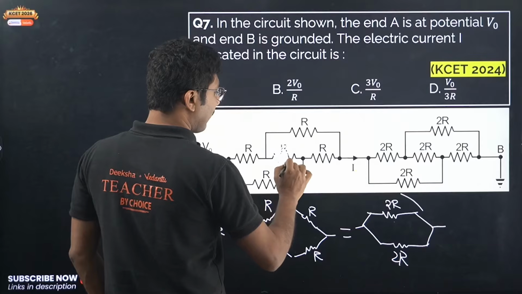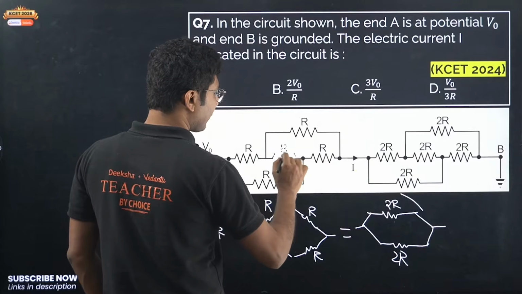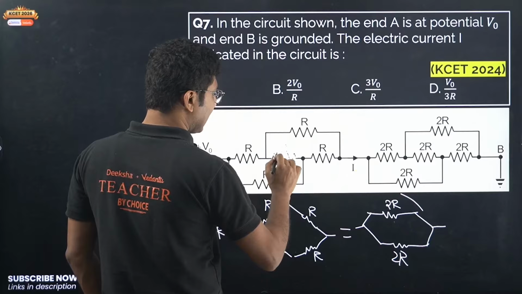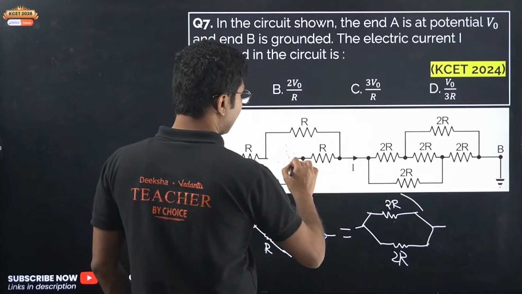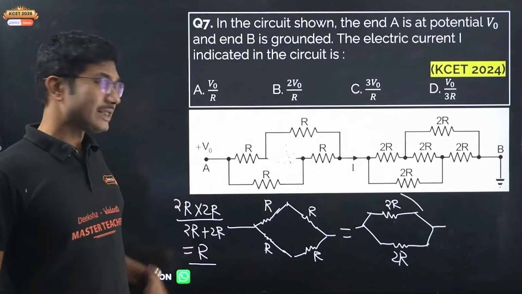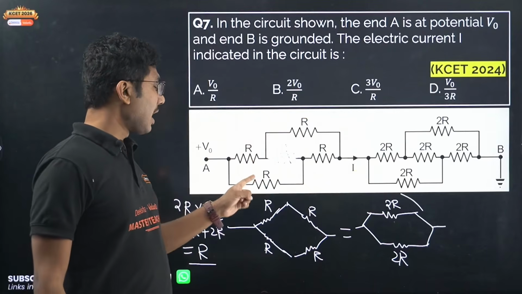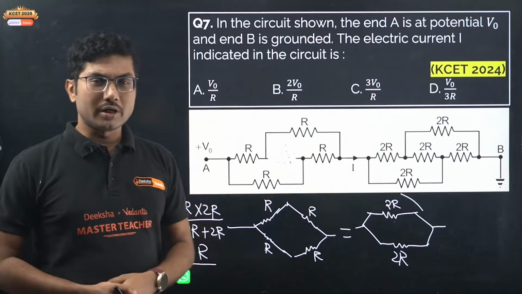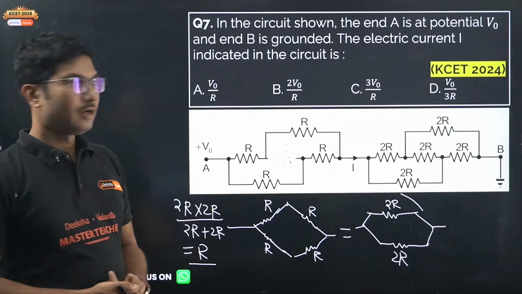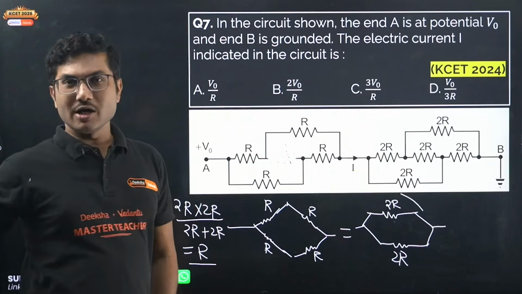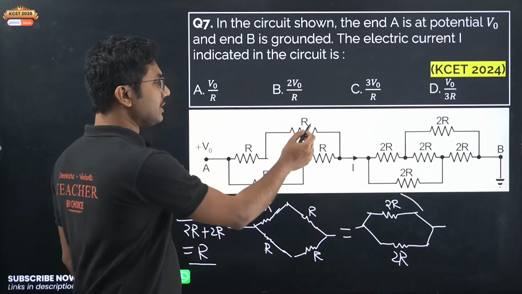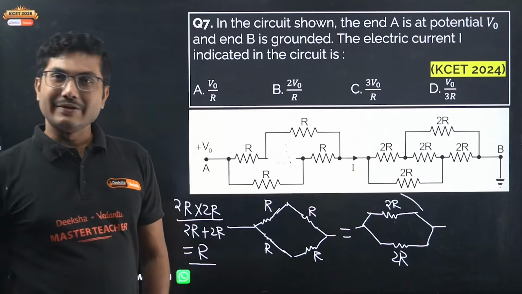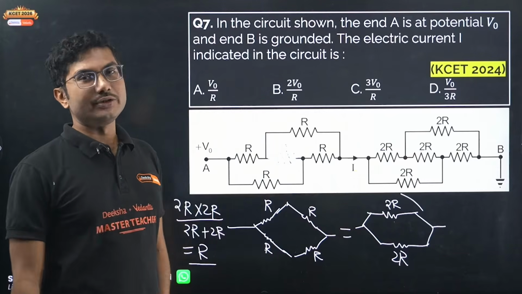If all the resistors are the same, in this case all are R, the equivalent resistance will also be R. If they are not the same, suppose it is R, 2R, R, 2R, then you have to apply the formula. The only thing to check is this divided by this, does it equal this divided by this or not? If yes, then it's a balanced Wheatstone bridge.